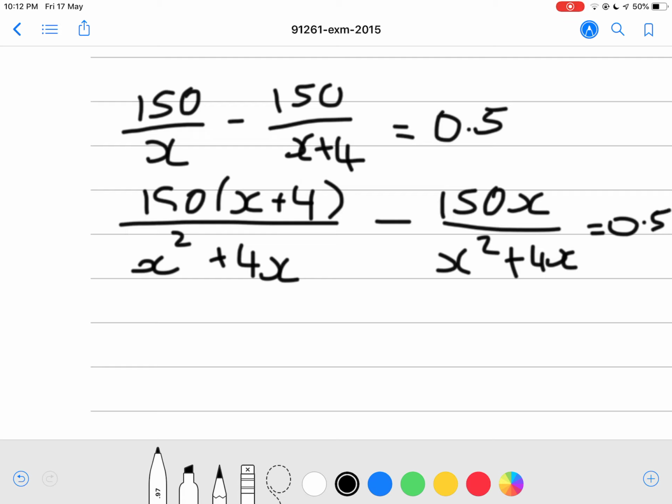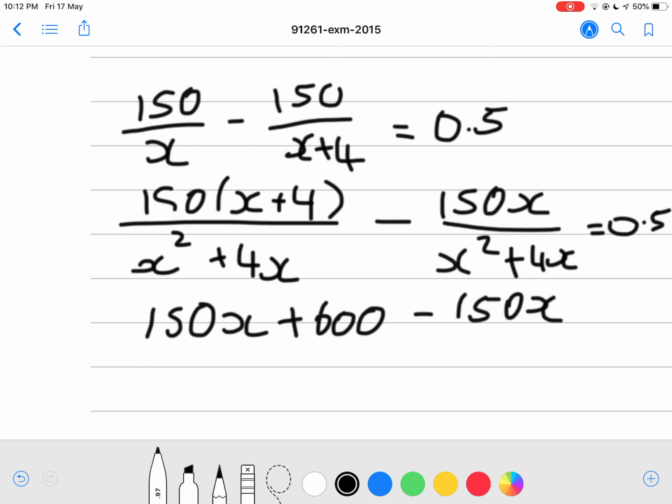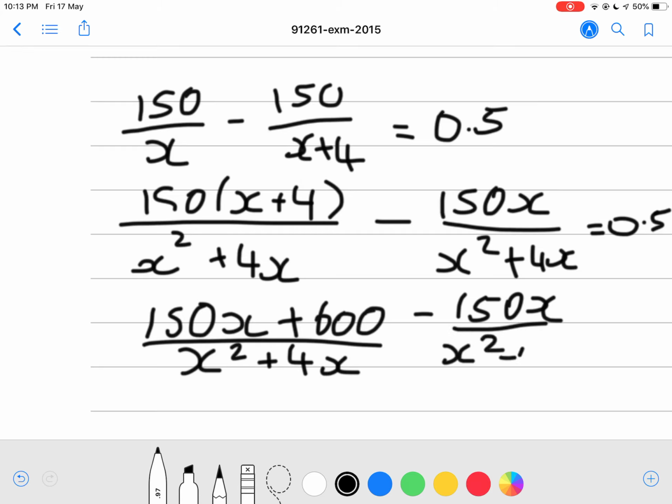Okay, so now we're going to say that 150x plus 600 minus 150x, divided by x squared plus 4x equals to 0.5.